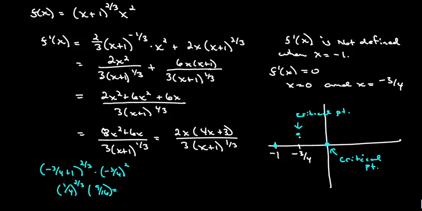So let's look at the first derivative maybe around this guy. I know that my graph has got to go through this point. I know my graph has got to go through this point. I also know that the end behavior of my graph has got to be up in the two end directions. And the only way to get that to work is for my graph to go like this and then come back down like this.